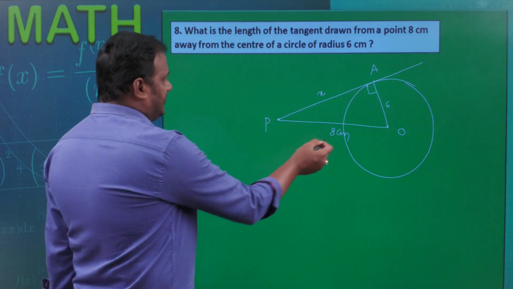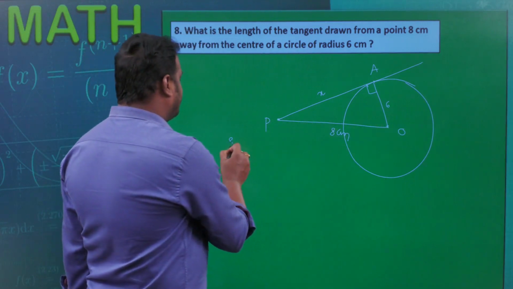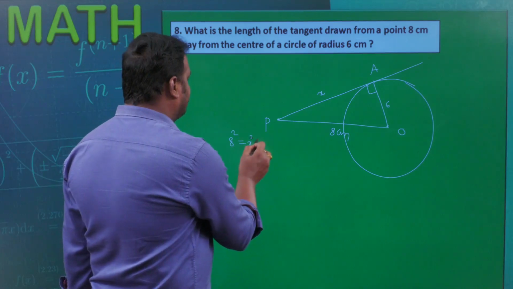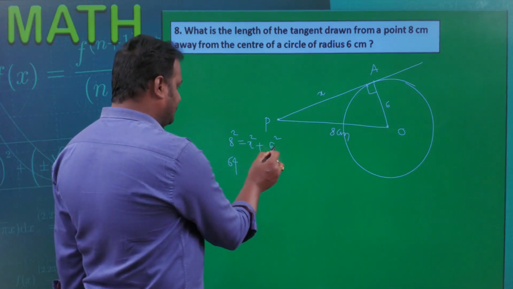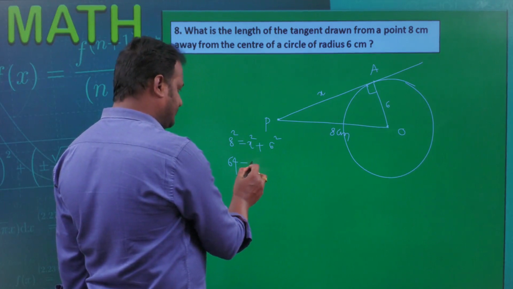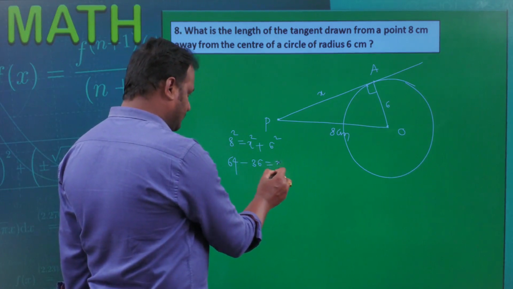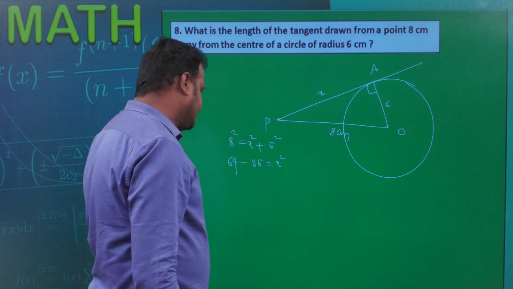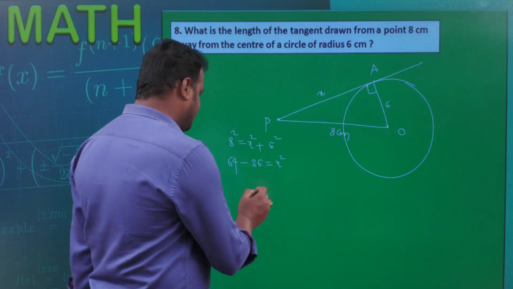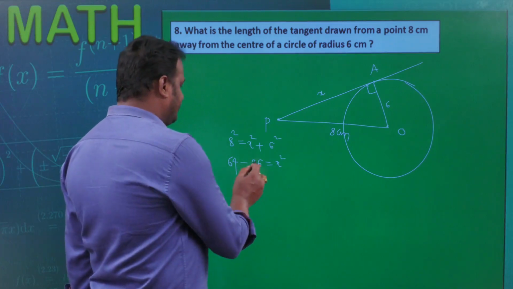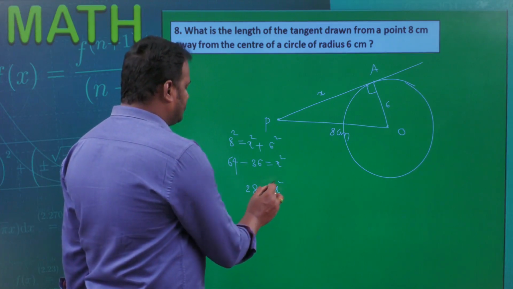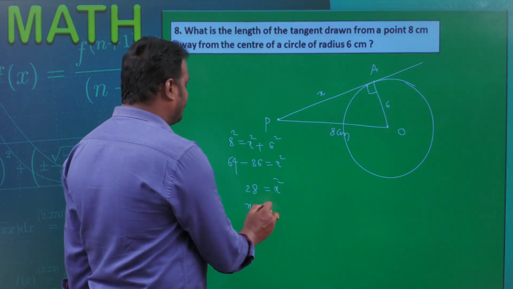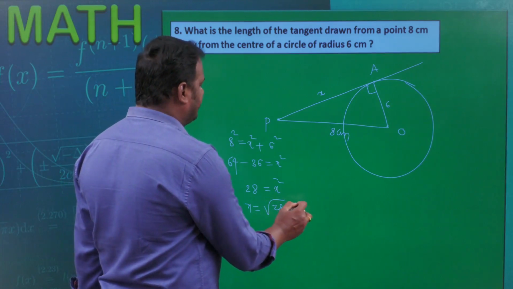Therefore, here, this is the hypotenuse. So hypotenuse square is equal to side square plus side square. 8 square, which is 64, is equal to 6 square, that is 36, plus x square. So what is 64 minus 36? It is 28, which is equal to x square. So x is equal to square root of 28. 7 fours are 28, right?